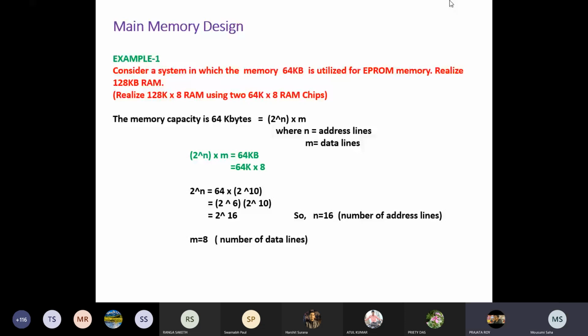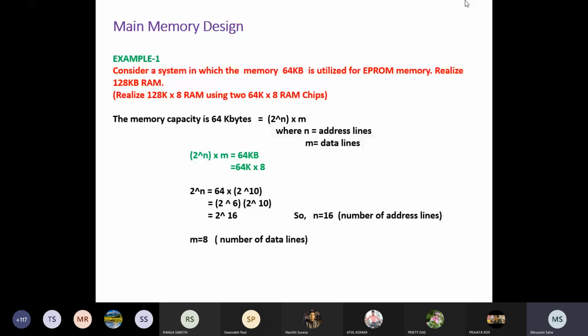Could you explain it again, ma'am? Yes, your given memory is 64K by 8, or you can say 64KB with capital B. The 64K bytes we have to represent with the help of 2 to the power n into m.